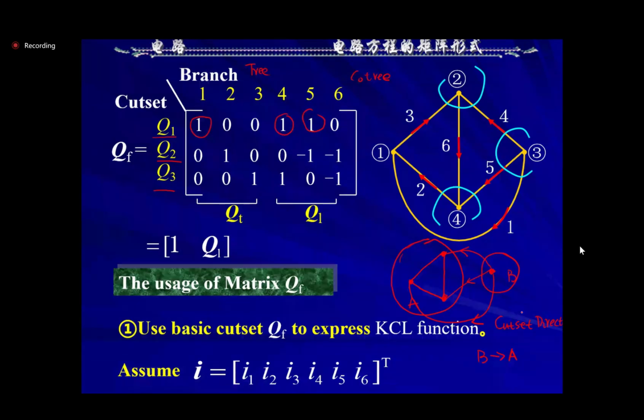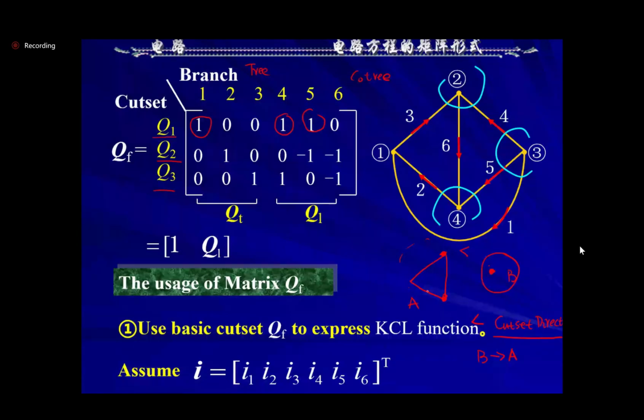This is what the cutset direction means. We have defined just now what the cutset direction is. The tree direction is from B to A. What do B and A mean? If we remove the cutset branches, the original digraph is divided into 2 parts.